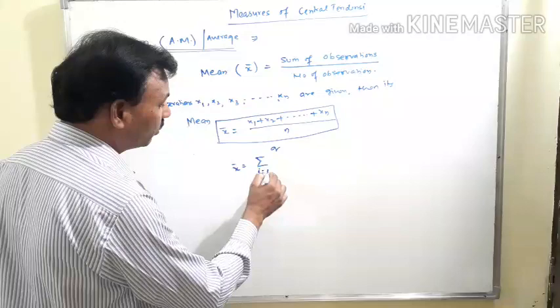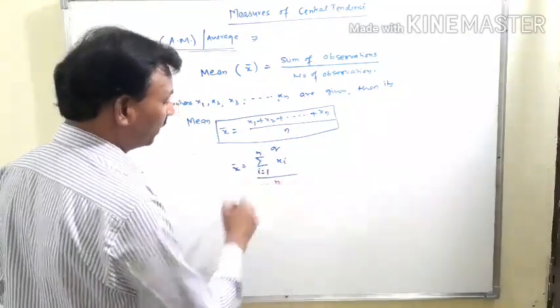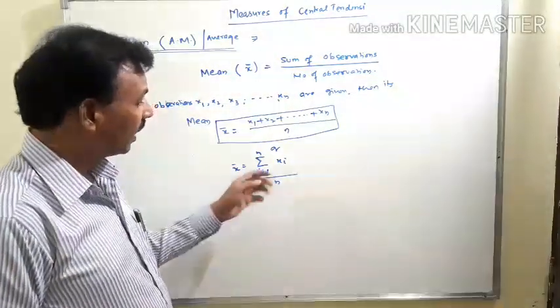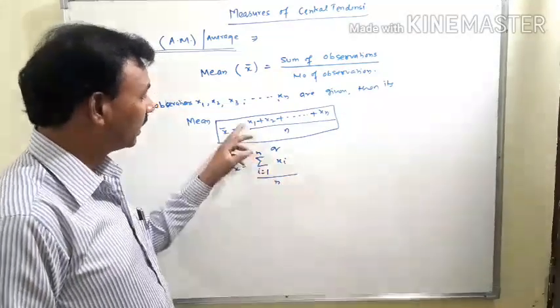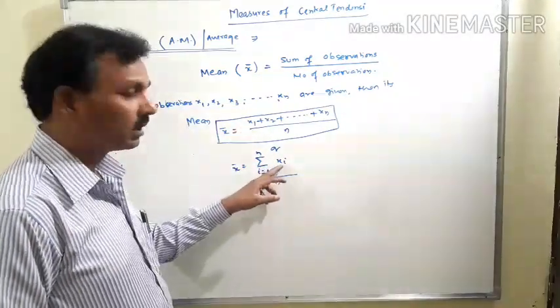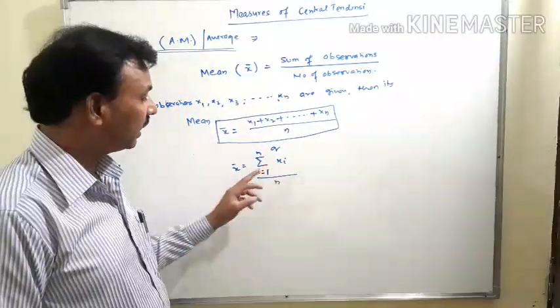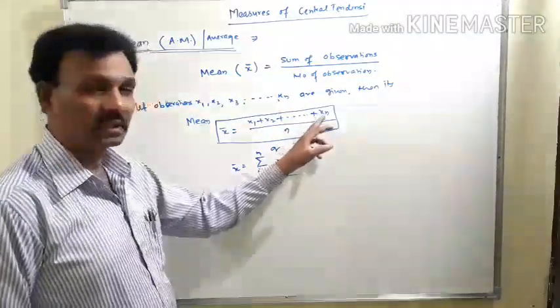I equal to 1 to n xi whole upon n, where n is the number of observations. If I equal to 1, this will be x1, I equal to 2, this will be x2, I equal to 3, this will be x3, and I equal to n, this will be xn.